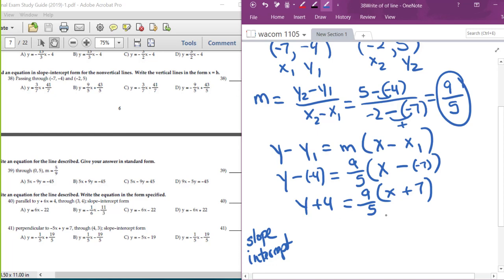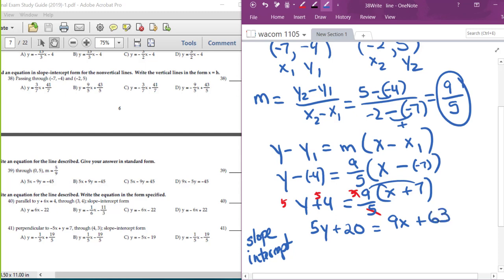So I'm going to multiply through by 5. You would also have to do that if you're going to get standard form. So that gives me 5y plus 20 equals, and you can distribute your 9x plus 63.